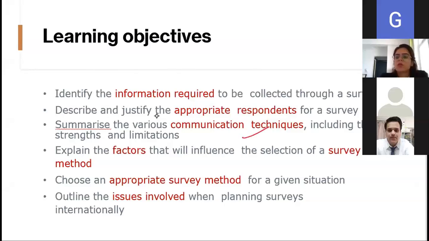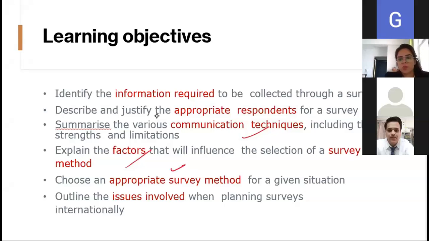What is going to be the communication technique? Whether you are going to cover through household, as in door-to-door interviews, that is, personal interviews, or can you reach out to them through mails, get it filled online? So all these mediums that you decide. After that, the appropriate survey method. What are the factors that will influence the selection of a survey method?